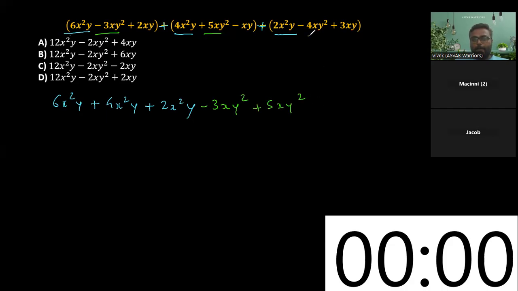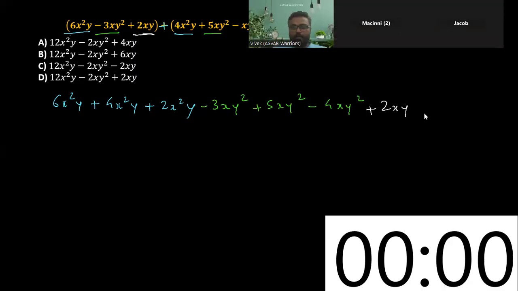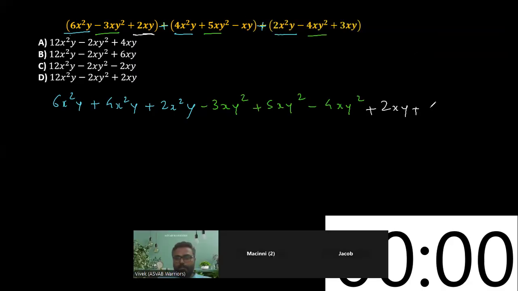xy square minus 4xy square. And here we have plus 2xy, oh, it's not a plus over there, it's minus xy plus 3xy.